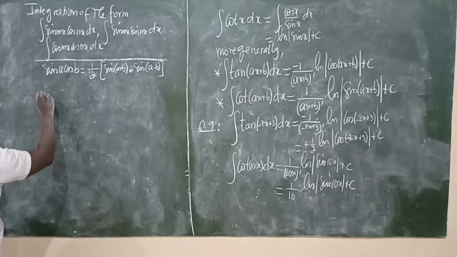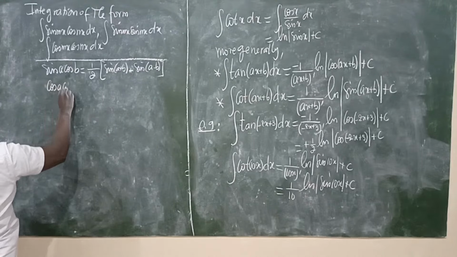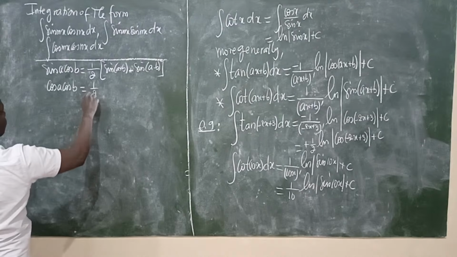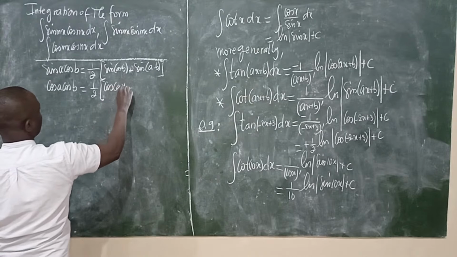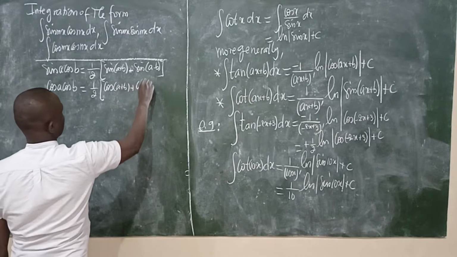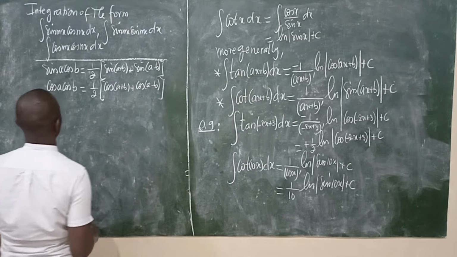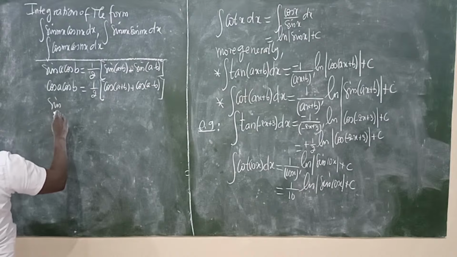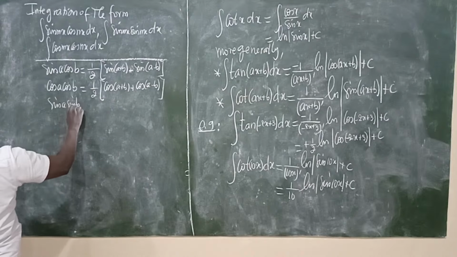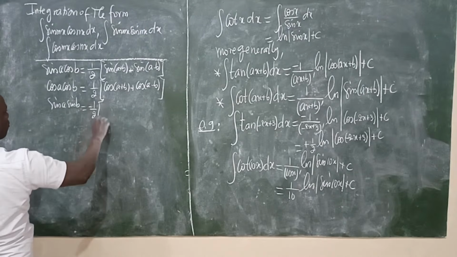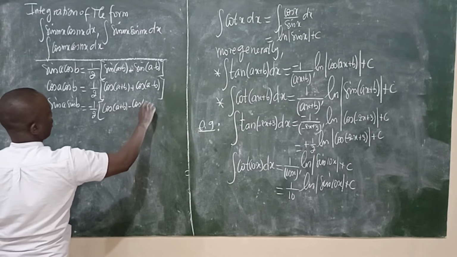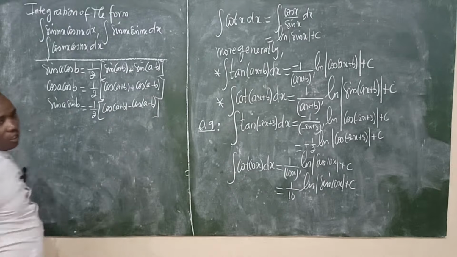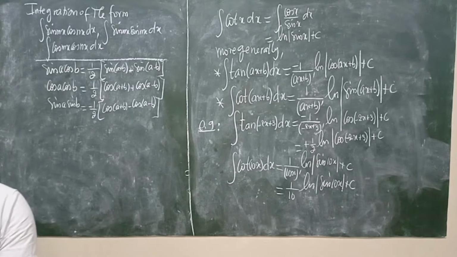While cosine a cosine b is a half of cosine a plus b plus cosine a minus b. For sine a sine b, this is minus a half of cosine a plus b minus cosine a minus b. Hope these are the formulas.